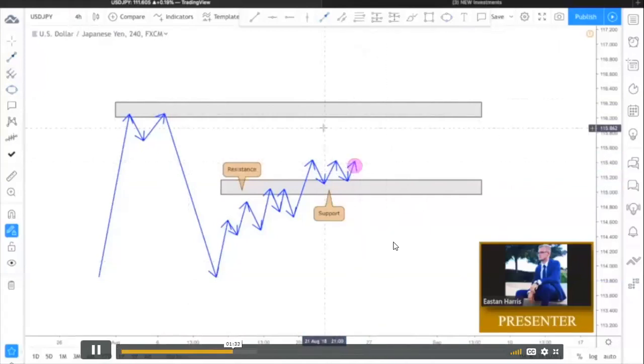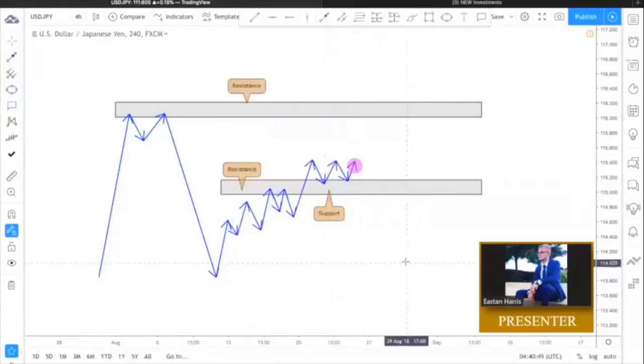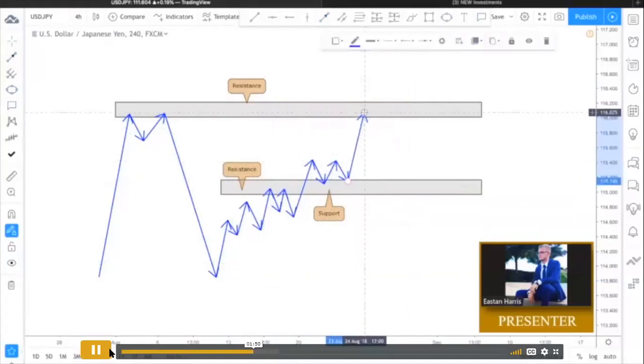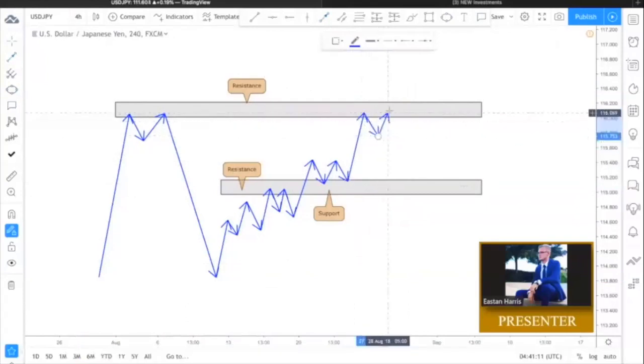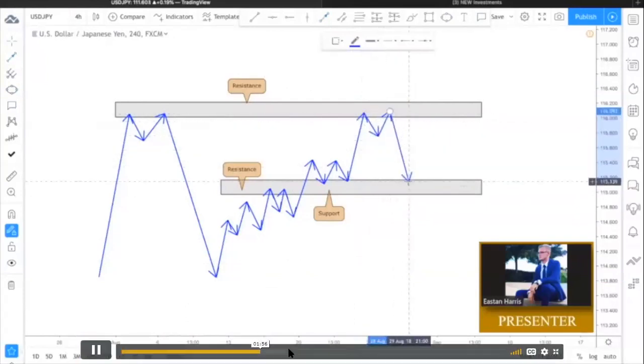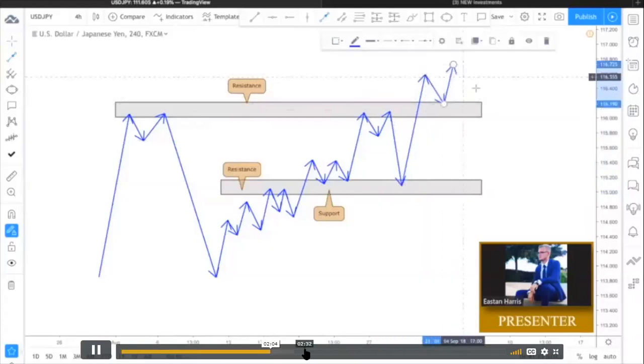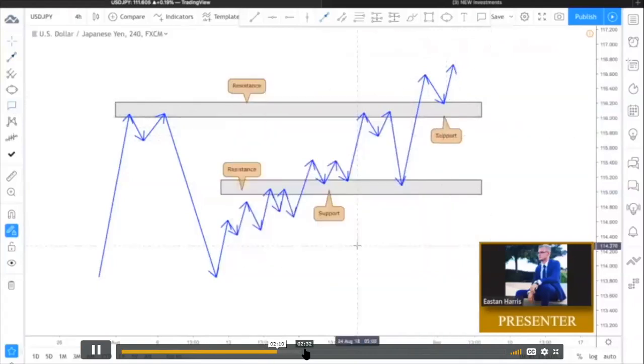Since we're currently below this level, this is a resistance. Okay, this resistance turned to support once we broke through and held on this side. So if we come up here to our resistance, we can expect to see reactions off this level, possibly returning back to our support, back to our resistance. However, if this resistance breaks, it will then be support. So let's label this one here support now.